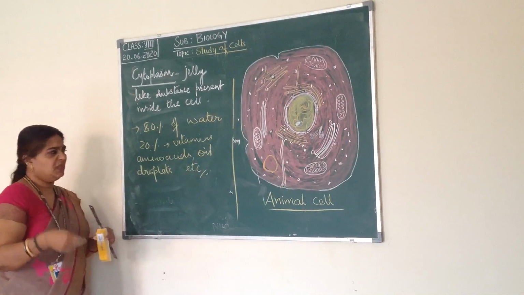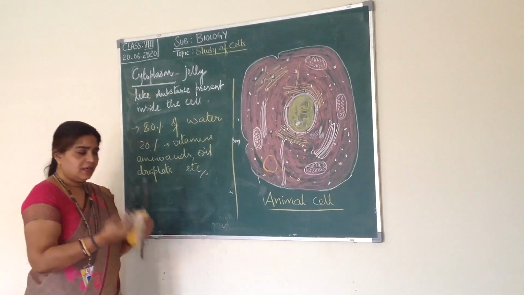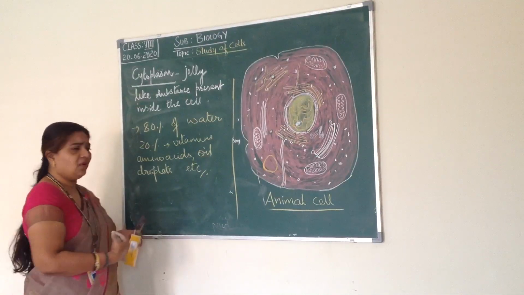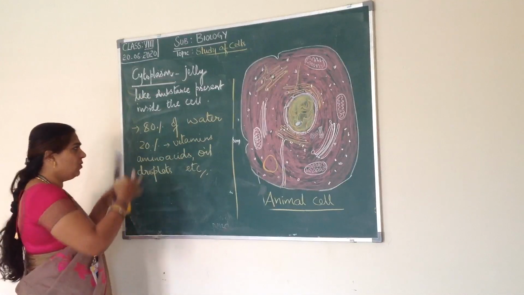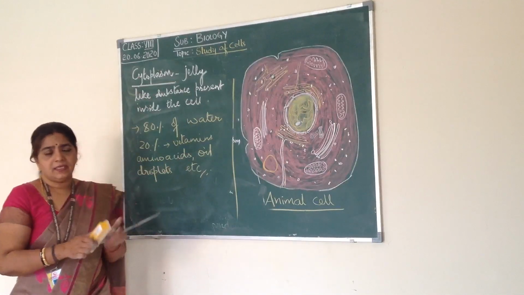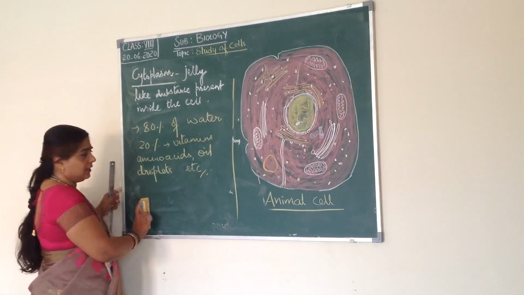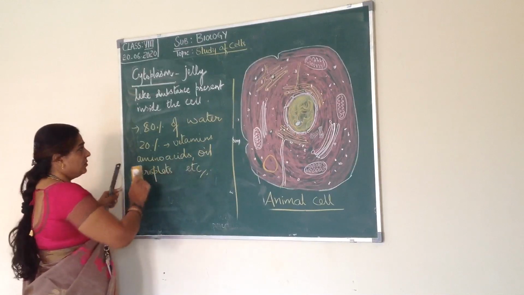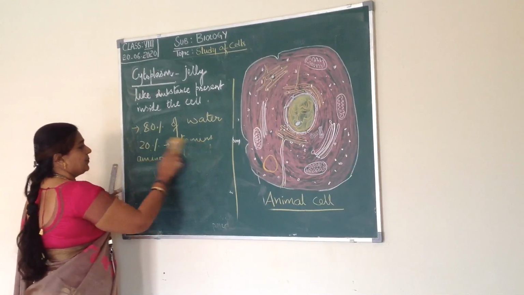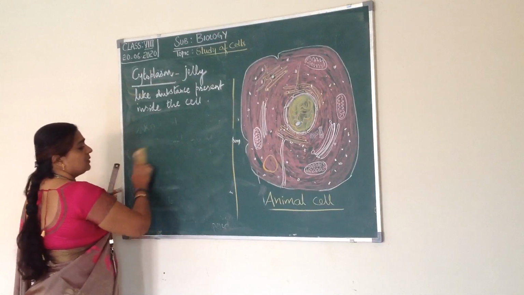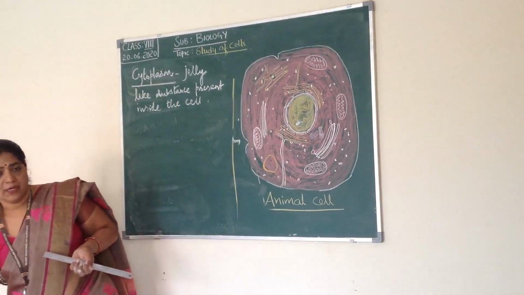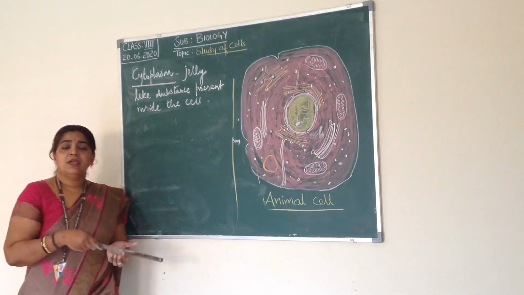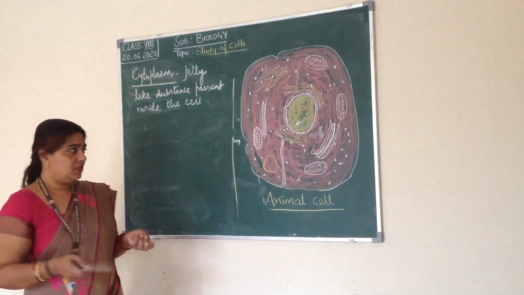All these things, vitamins, amino acids, respiratory gases, oil droplets, and some excretory substances, and resins, will be present inside the cytoplasm. So that's what cytoplasm is made up of: 80% water and 20% other substances.